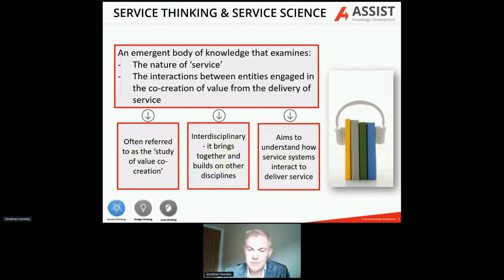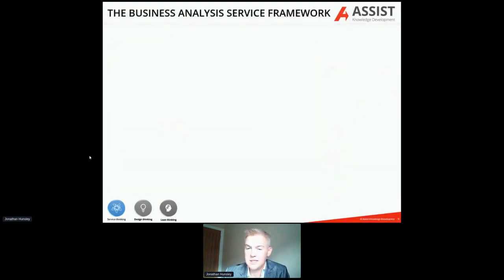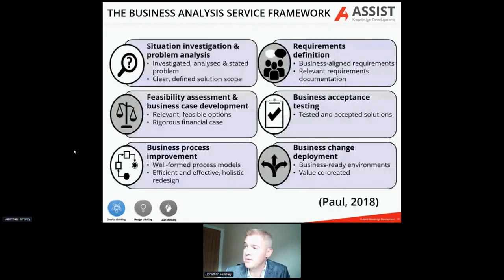So let's see how we can use this as a discipline. And we're going to start with how we might use it as a discipline to help us to understand and develop clarity on the role of the business analyst. And some of you would have come across the work of Deborah Paul, and this is the business analysis service framework. What this does is it defines the BA role through 6 services, and against each of those 6 services, there's a value proposal.